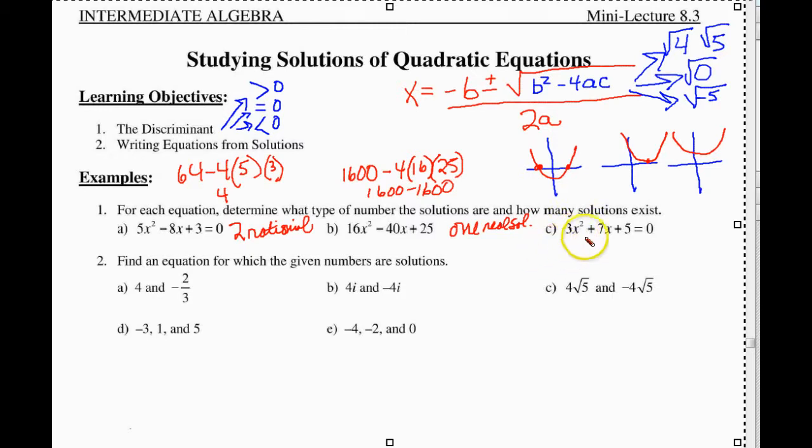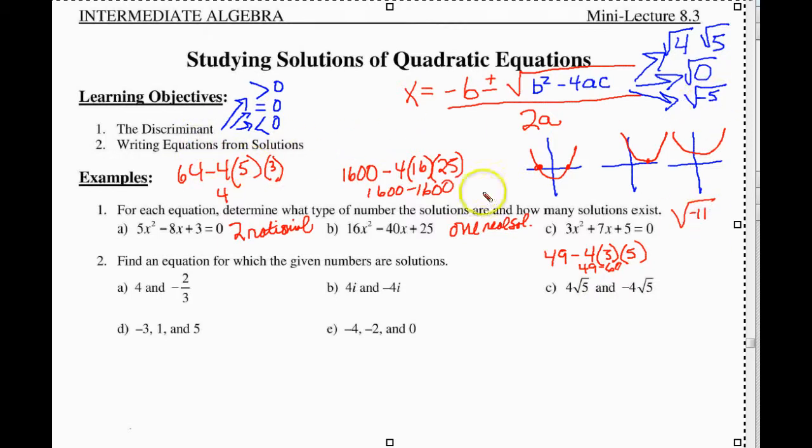We're going to say this is 7 squared, which is 49, minus 4a, which is 3, times 5. So this is 15 times 4, which is 60, negative. We have 49 minus 60. So we're going to get a negative 11 under the radical sign.